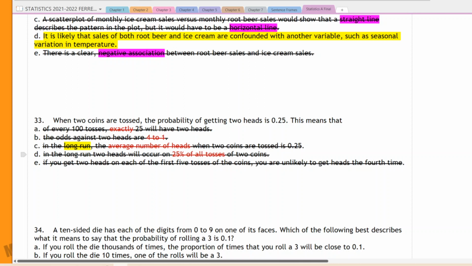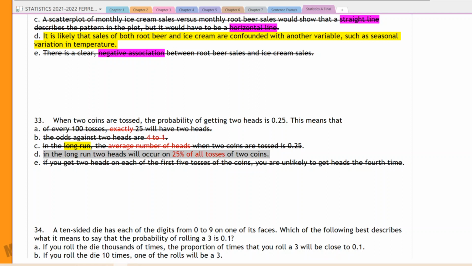Let's have another fresh look at letter D. That's the only one that seemed likely to be a correct answer. In the long run, two heads will occur on 25% of all tosses of two coins. Well, that's certainly not my favorite because it does make it seem like 25% will happen always.